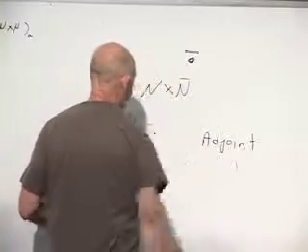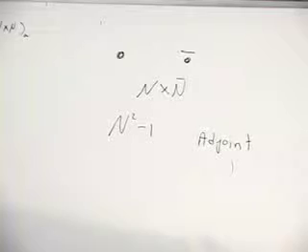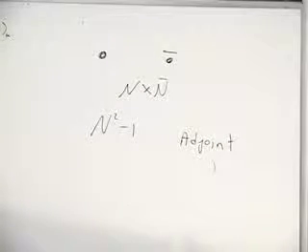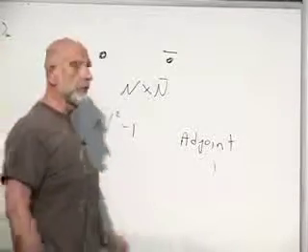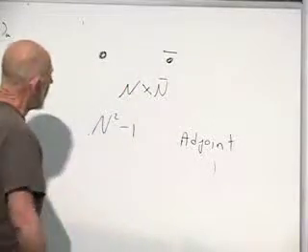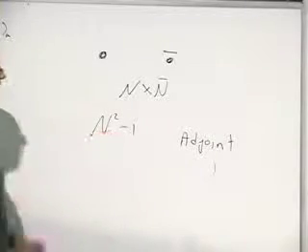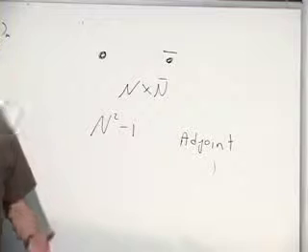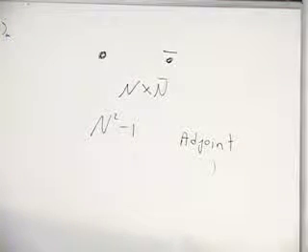What is the adjoint representation for SU2? 3-dimensional, and it corresponds to spin 1. For SU3, it's 8-dimensional. It's called the adjoint representation. But that leaves one more linear combination, namely just this 1. That's a singlet. That's a state which doesn't transform under the group at all.